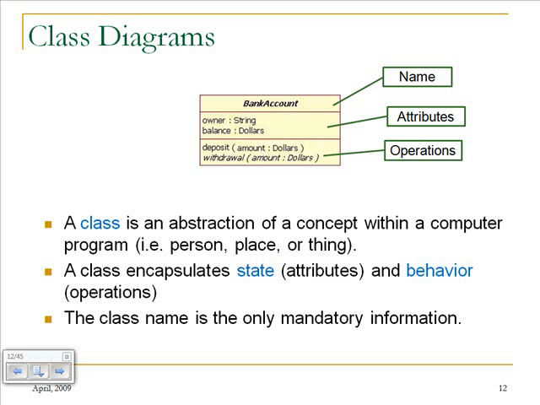So if you want to deposit some amount in your bank account, you need to call this method. This method knows how to do the deposit. Similarly, you can also withdraw from this bank account. So there's a method called withdraw, and you specify the amount. Okay. So a class is going to have the name, then it's going to have the attributes, and then the operations in that order.